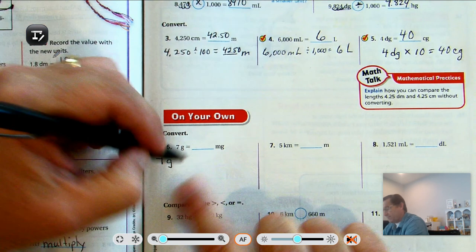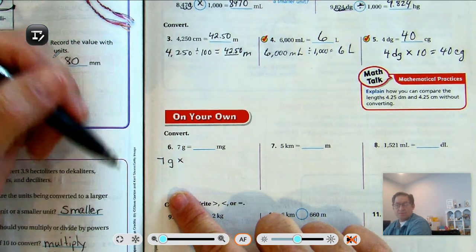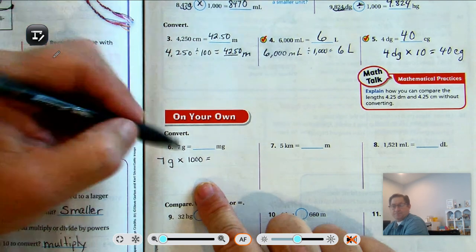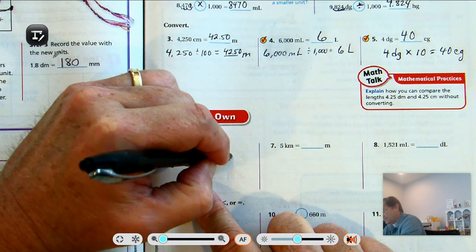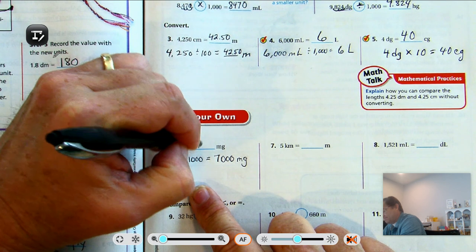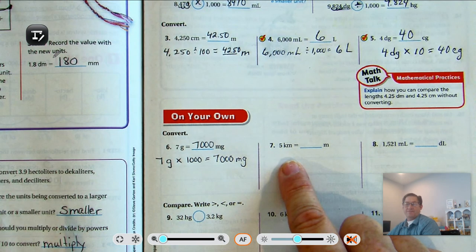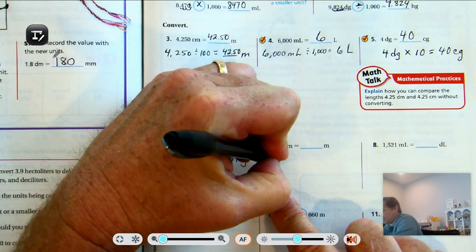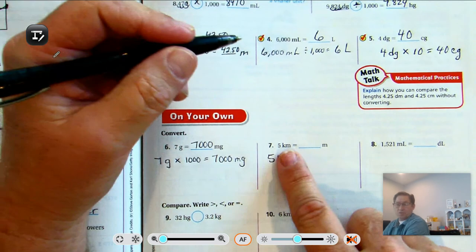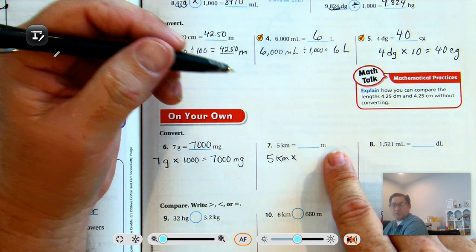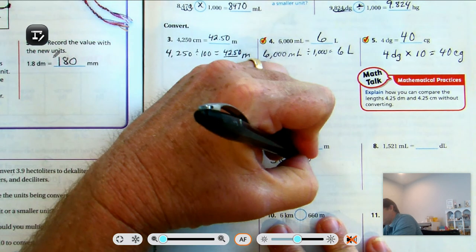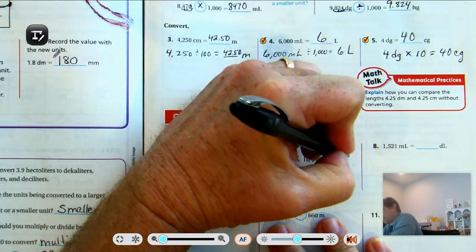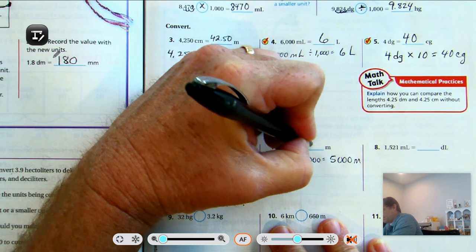Grams are larger than milligrams. There are 1,000 milligrams in a gram, so 7,000 milligrams. 5 kilometers: we're going from larger to smaller, and there are 1,000 meters in a kilometer. So 5 times 1,000 is 5,000 meters.